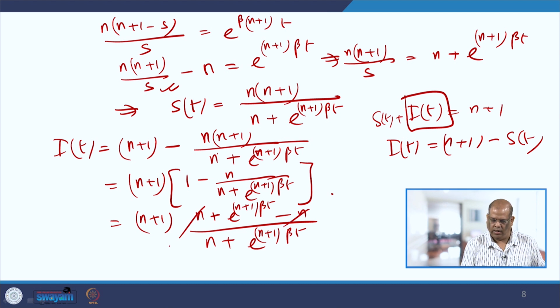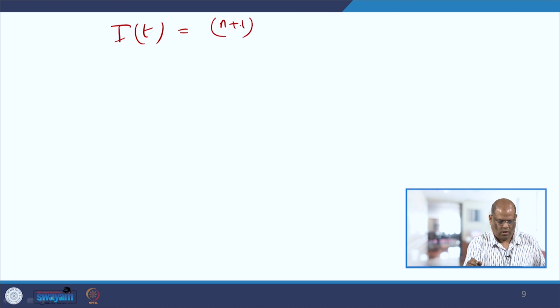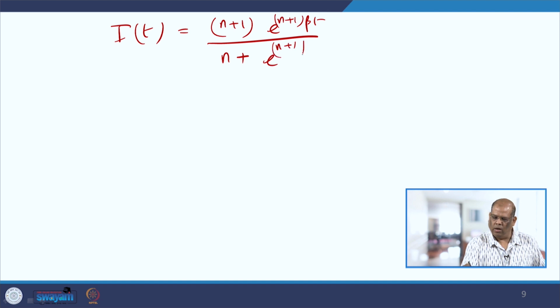This n cancels, and I will get I(t) equal to (n plus 1) times e to the power (n plus 1) beta t divided by (n plus e to the power (n plus 1) beta t).